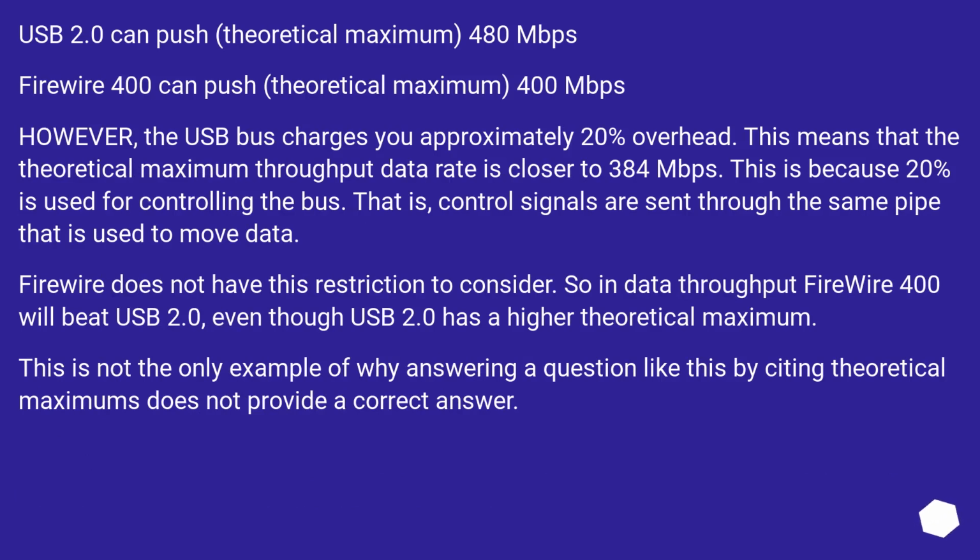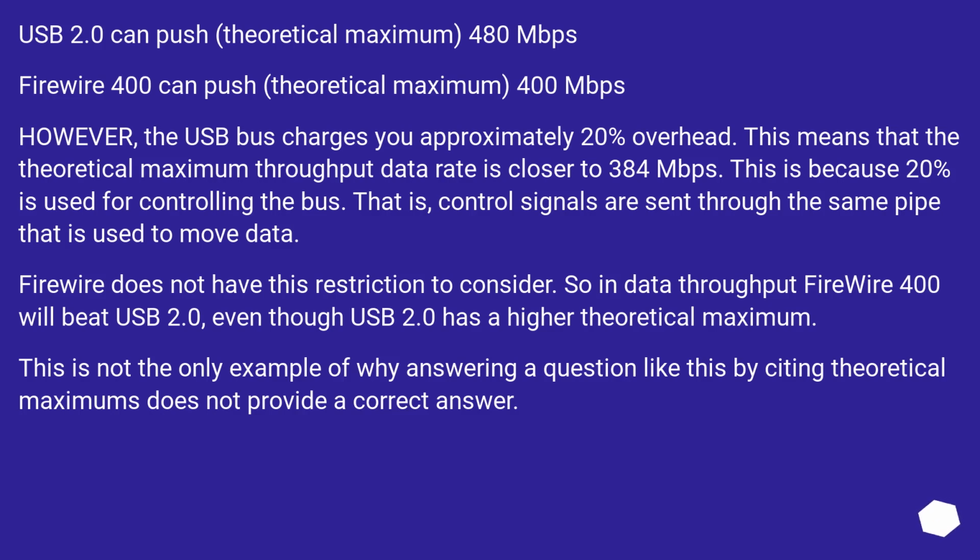USB 2.0 can push, theoretical maximum, 480 MB/s. Firewire 400 can push, theoretical maximum, 400 MB/s. However, the USB bus charges you approximately 20% overhead. This means that the theoretical maximum throughput data rate is closer to 384 MB/s. This is because 20% is used for controlling the bus.